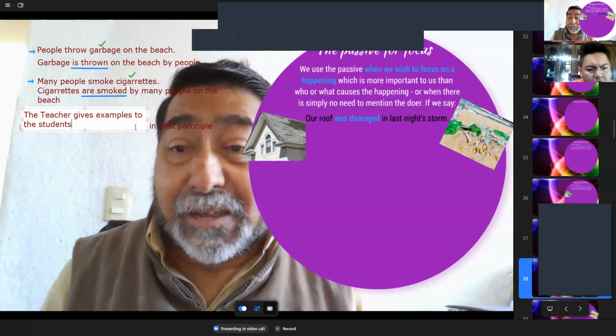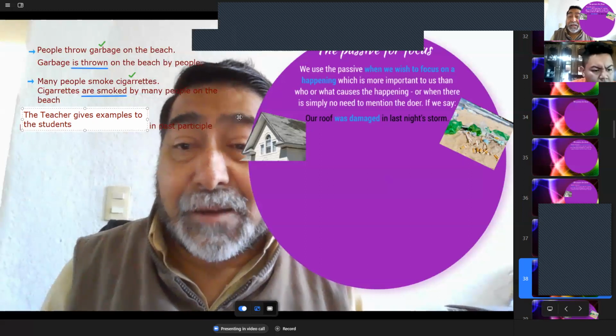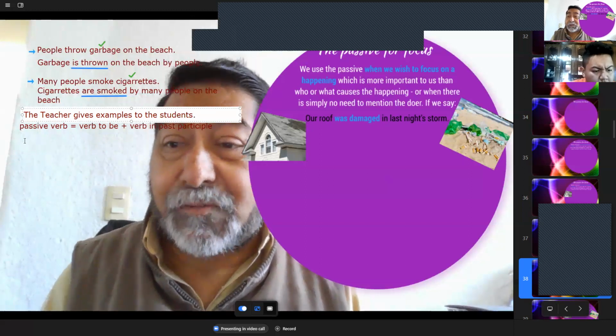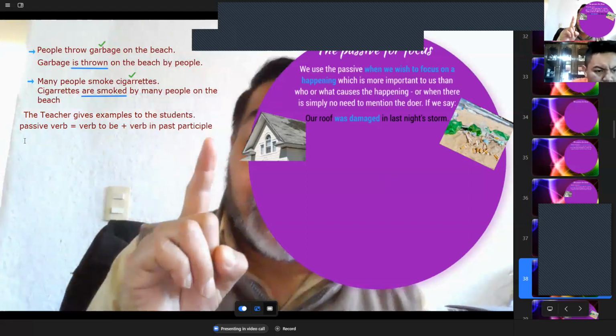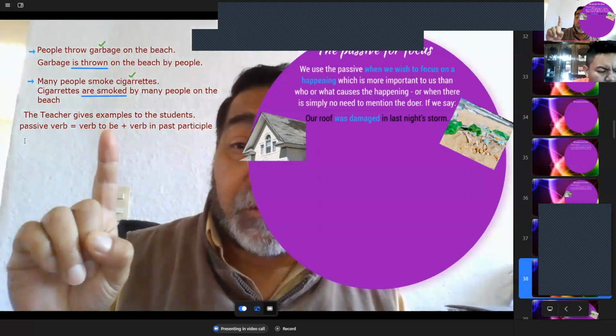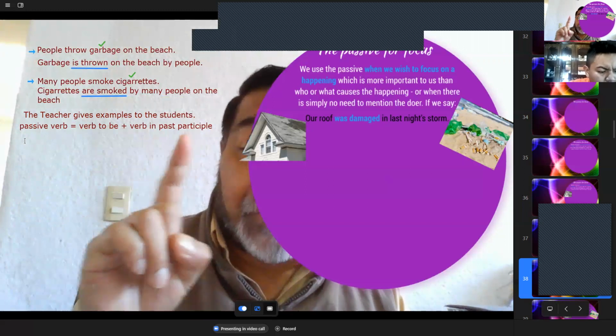This is my example using active voice. Now, if I want to transform it into passive, I follow this rule. Passive verb is equal to the verb to be plus the verb in past participle.